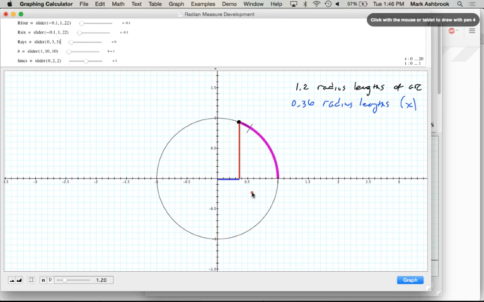How many radius lengths would you say the y coordinate is? Almost 1, right? Maybe 0.9 something, right? So let's say 0.95. It's almost a full radius length, but not quite, just a little bit shy.